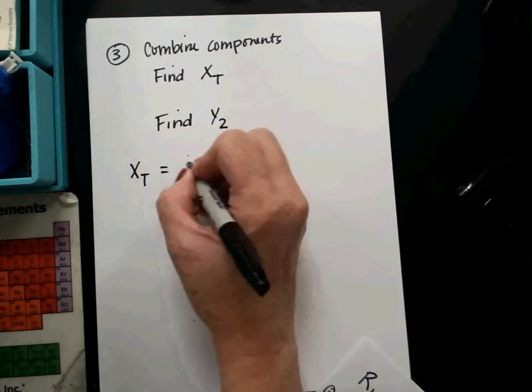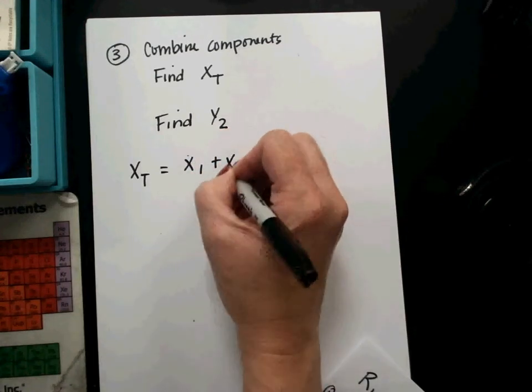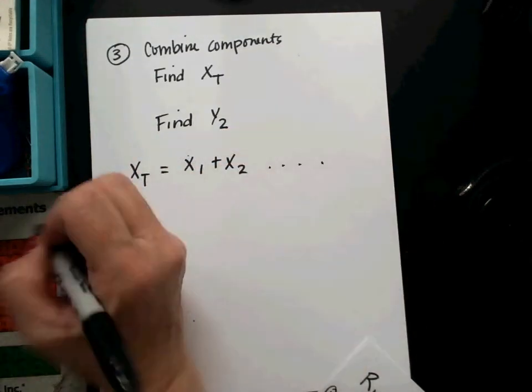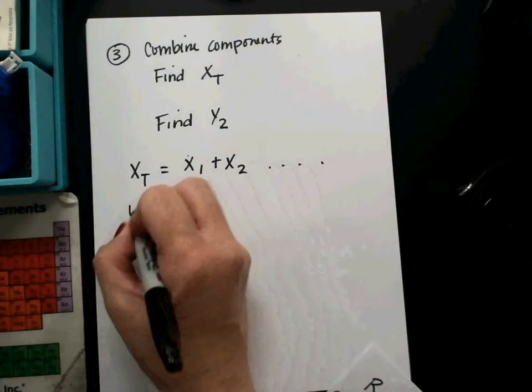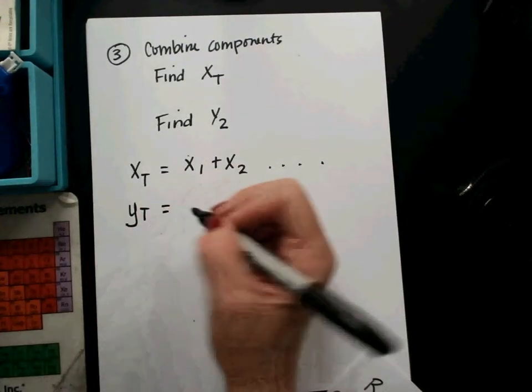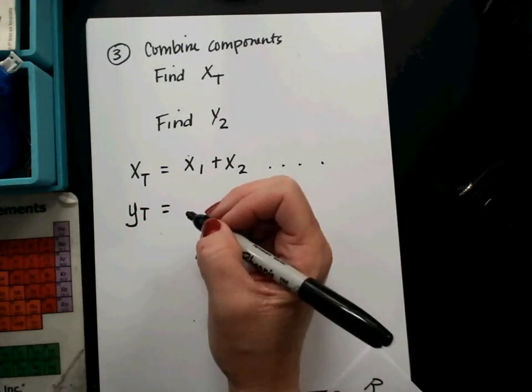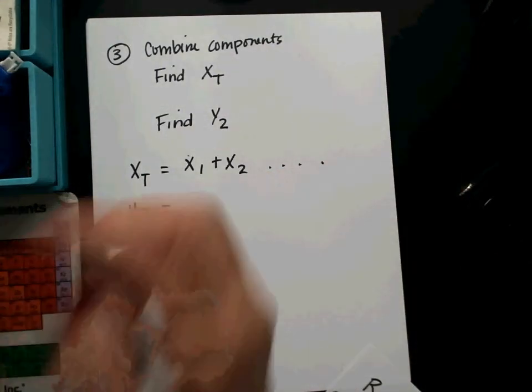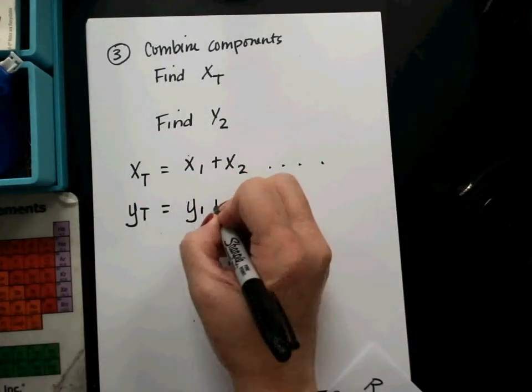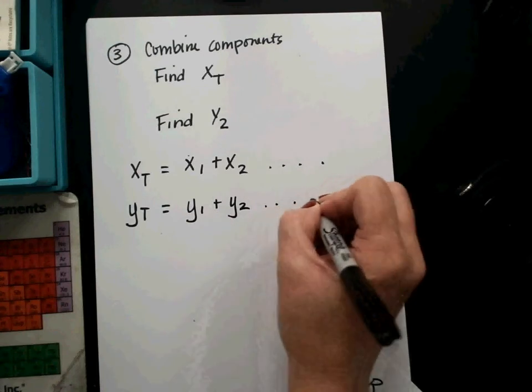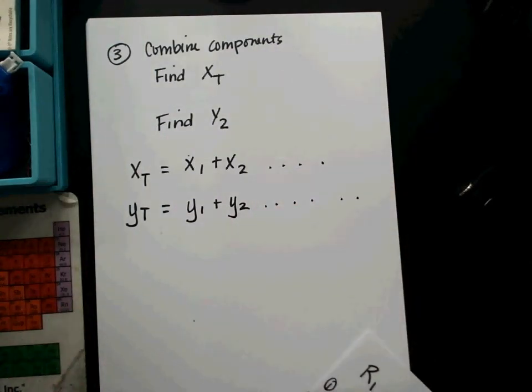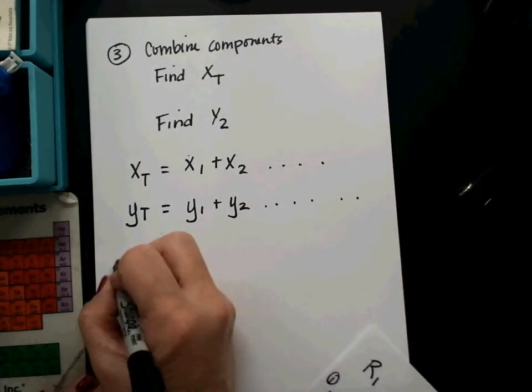So I will do this. X total is equal to x1 plus x2, however many x's there are. Same thing with my y. And I'm going through these steps, that way if we go away from it for a little bit and then we come back, you've got a path to follow. Y1 plus y2, and so on and so forth. So I have an x total and a y total.